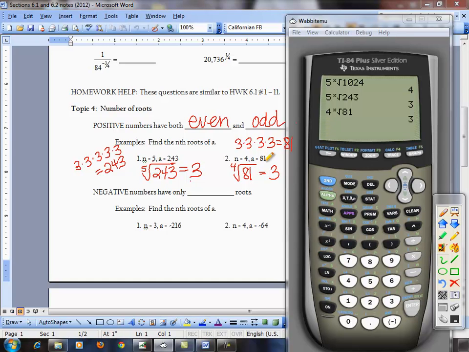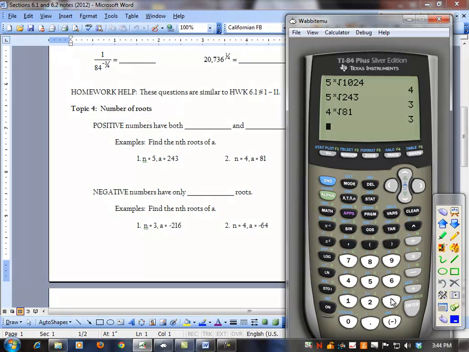Now, when it comes to a negative number, you can only have odd roots. You can only take a 3rd, a 5th, or a 7th root in order to find the answer. Let me show you. It says in number 1, take the cube root of negative 216. So I go to my calculator and I take the cube root.